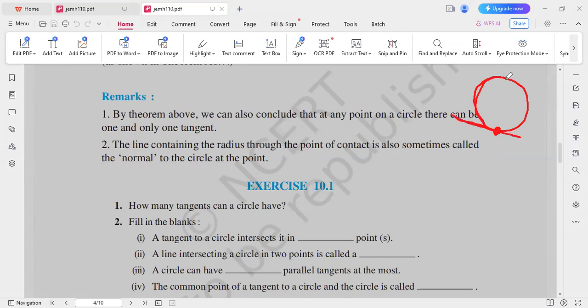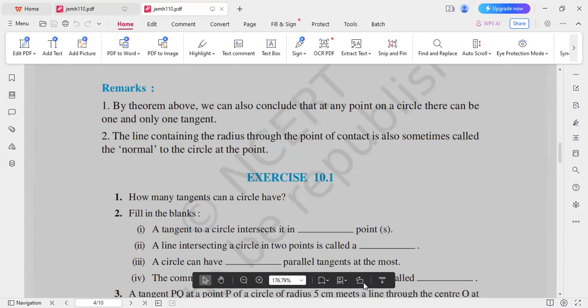It is only possible to make one tangent, not more than that. You can take any other point, then you can make a tangent there, but at that particular point, no other tangent you can draw. Clear? Yes. Okay, now let us do exercise 10.1.